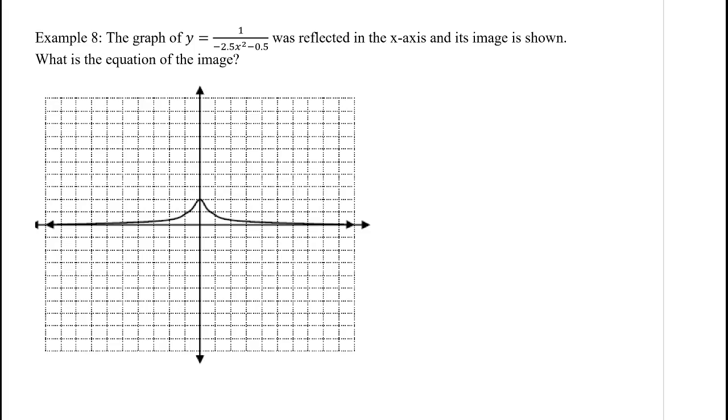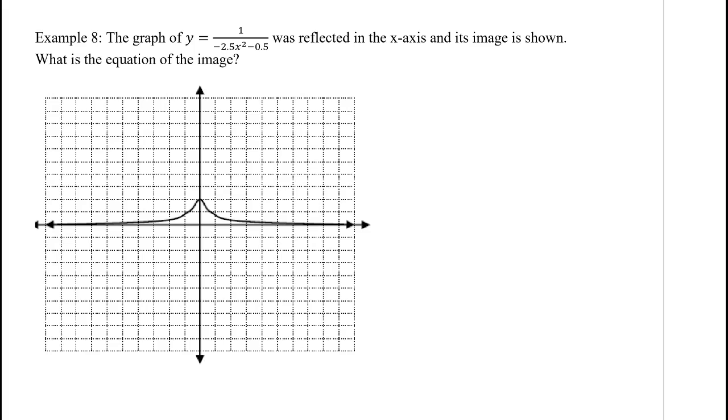The last one, example 8: the graph of y equals 1 over negative 2.5x squared minus 0.5 was reflected in the x-axis and its image is shown. What is the equation of the image? Okay, so we're actually not being asked to do anything with the graph.